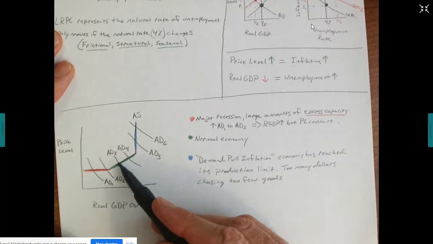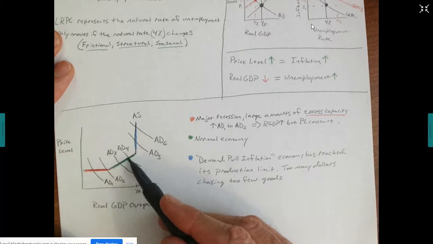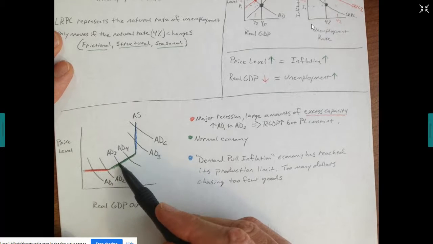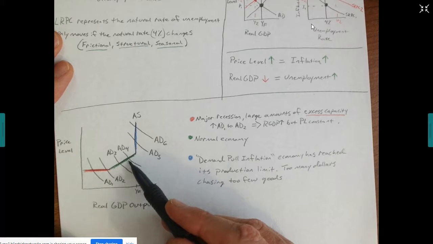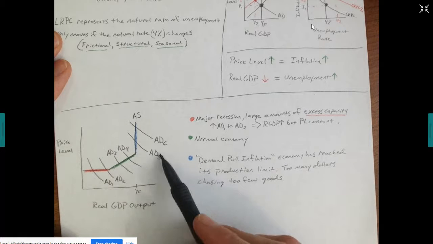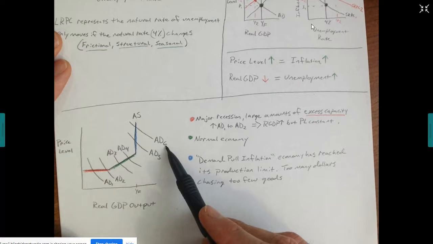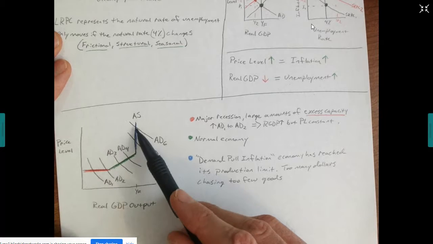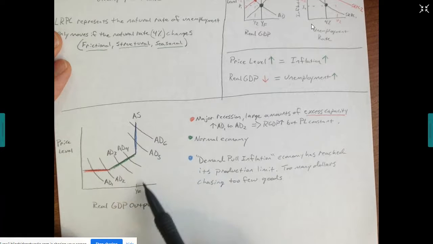This green portion here from AD3 to AD4 is indicative of a normal behaving economy where an increase of aggregate demand both increases price and real GDP output. The vertical portion of the AS line is more indicative of a demand-pull inflation, where if demand were to increase from AD5 to AD6, you would see a large increase in price levels, but no change in overall output.